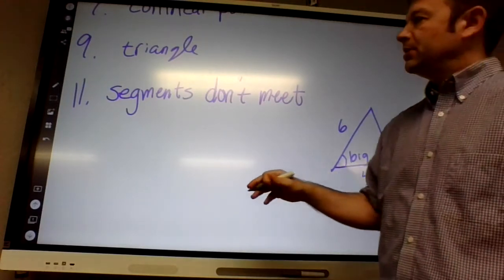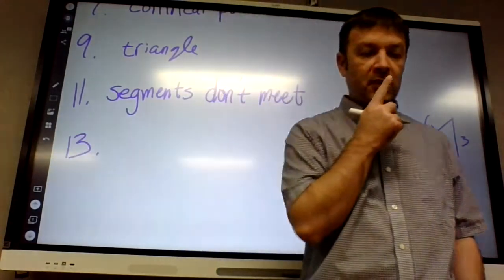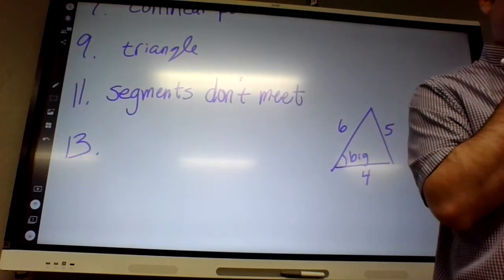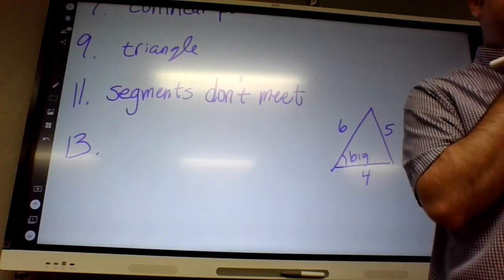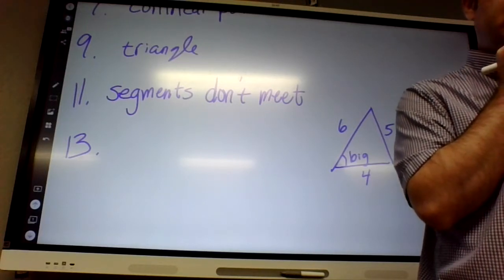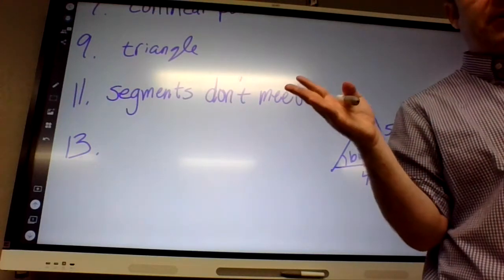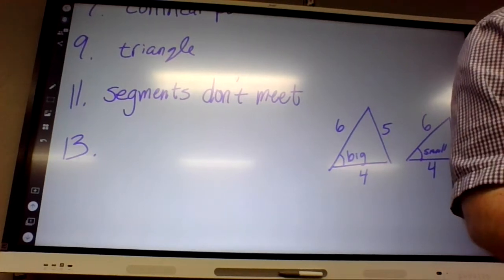All right, now back to number 13. Do you guys see the alligator jaws? It's the 4 and 7. We're supposed to say an inequality that we know is true.